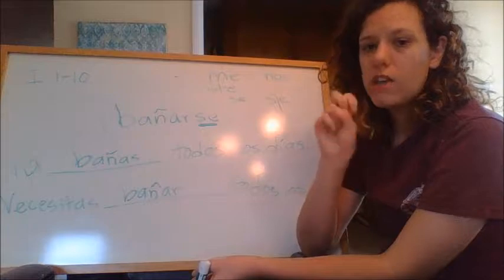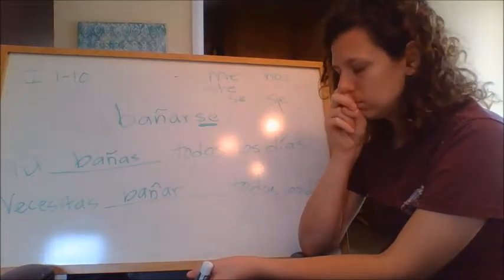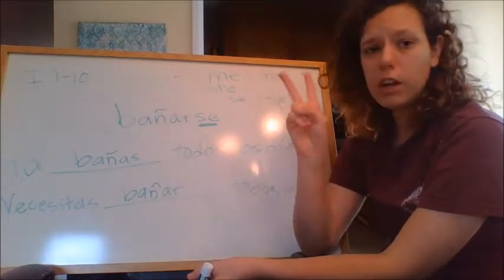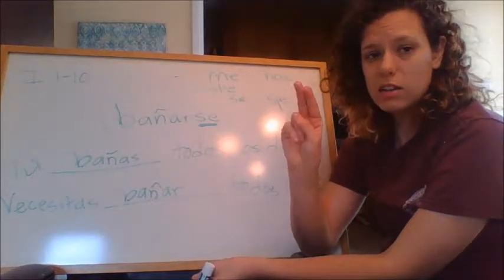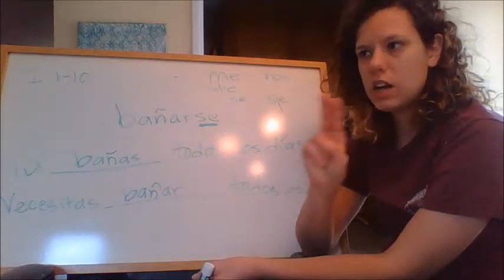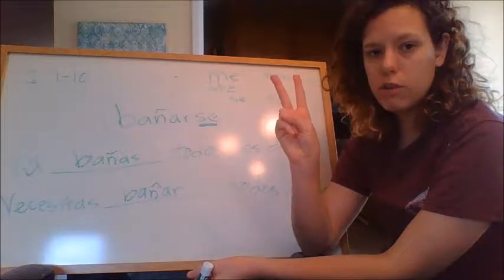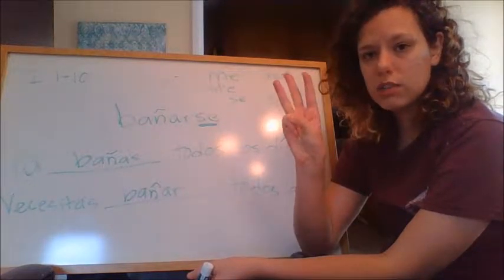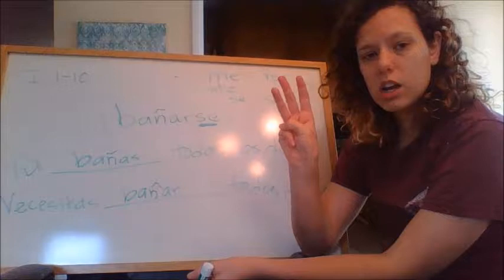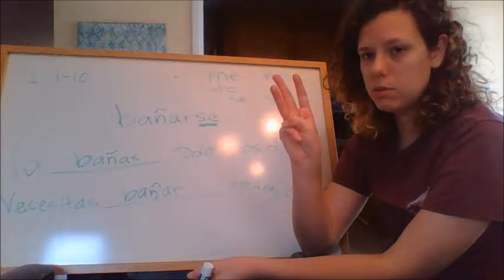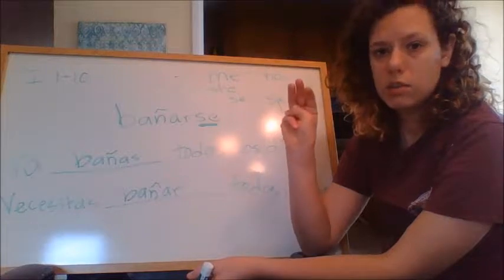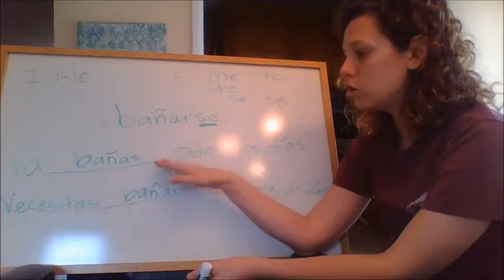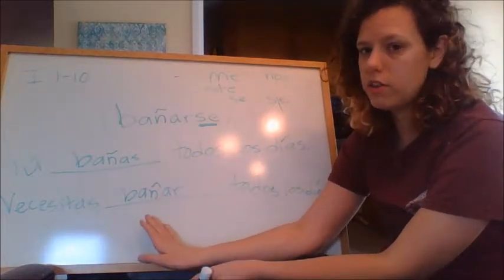If you have an infinitive, the pronoun can go attached to the end of the infinitive, or it can go before the conjugated verb. And if you have the present progressive, it can go before the conjugated estar or attached to the present participle. Now, just FYI, there are no present progressives on the test, okay? You're either going to be dealing with conjugated verbs or infinitives. That's the only thing that's going to be on the test.